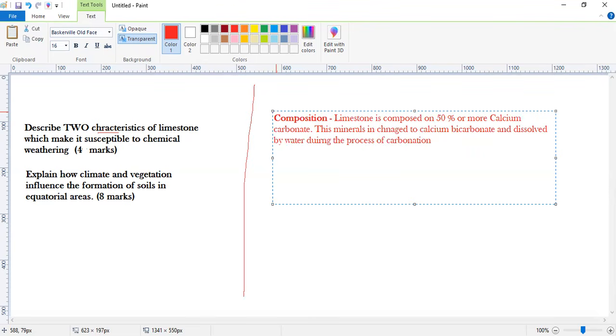Then we could move on to the next characteristic.